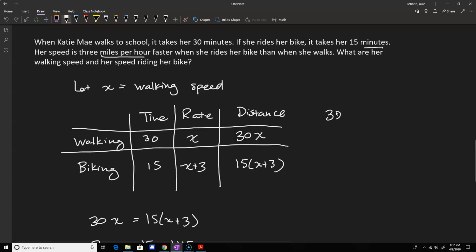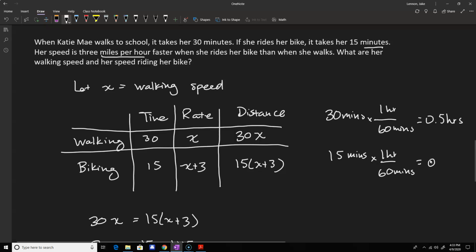So if we have 30 minutes and we multiply by 1 hour over 60 minutes, we see in fact that this is 0.5 hours. And if you do the same with 15 minutes times 1 hour over 60 minutes, we end up with 0.25 hours.